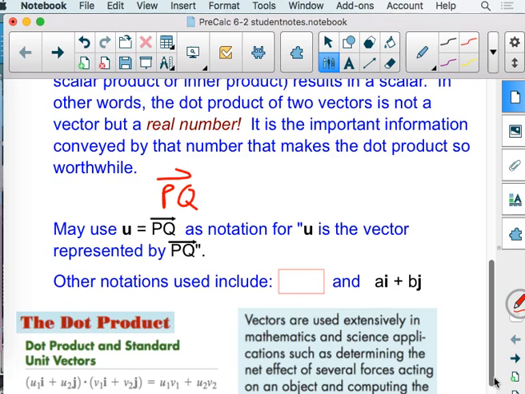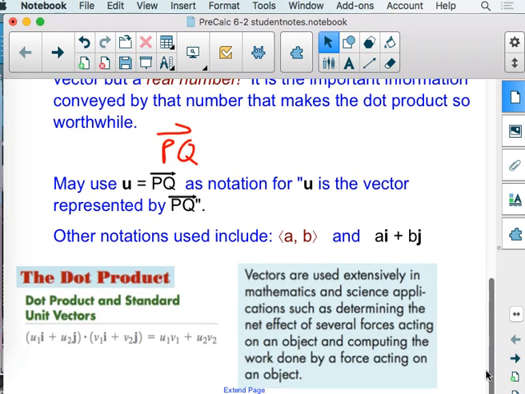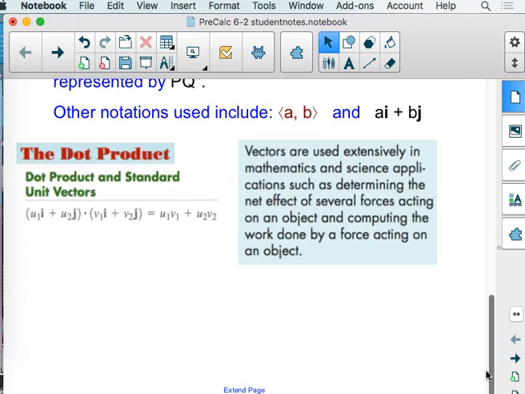So we use those notations as the vector u represented by vector PQ. Other notations used, we've come across these, love the component form, the math is super easy with the component form. The first thing we do when we see this vector form, ai plus bj, is we change it into component form, because component form is so much easier to use for the math. But they're interchangeable. We don't want to forget that, so that when we see the homework and they have it in that vector form, we can change it back to component form.